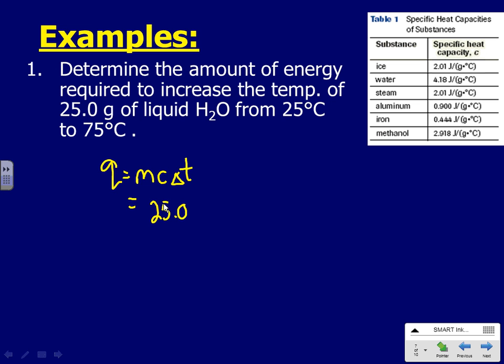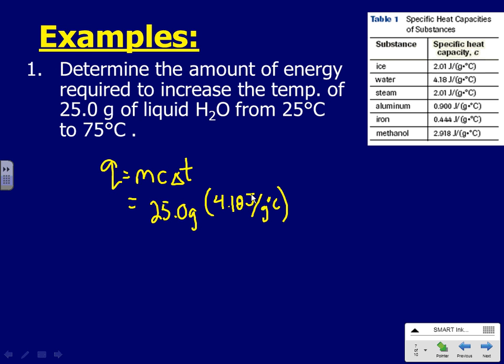Some professors will be picky about it. I'm not picky about it. I'm going to include it on this first one just so I can show you the way the unit analysis works. The C, what is it for? What are we dealing with? Water. What's my C? Yep, 4.18, and that is joules per gram degrees Celsius.